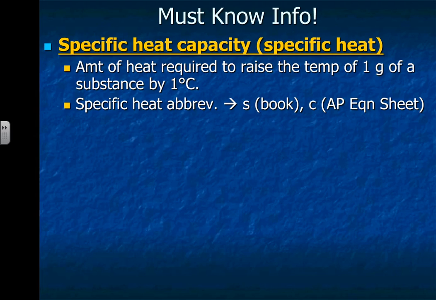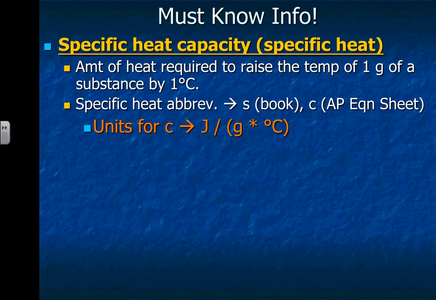However, on the AP equation sheet, they use C, lowercase c, by the way, for specific heat. Why the difference in the abbreviation, I don't know. It is a complete mystery to me. But what I want you to know is that I will use C to make sure that I am keeping with AP. But when you look at it in the textbook, you just have to be aware that you're going to see an S there. So my apologies for that.